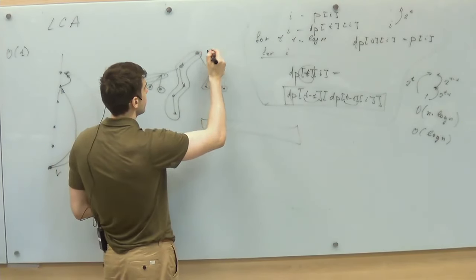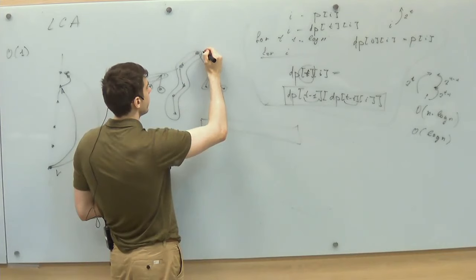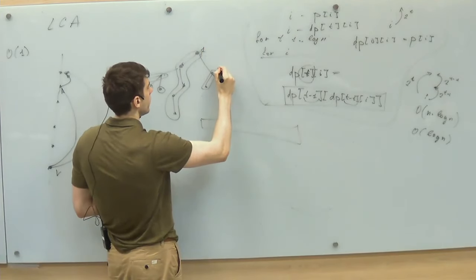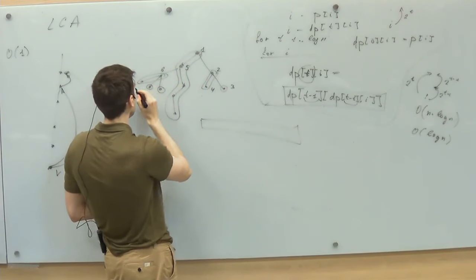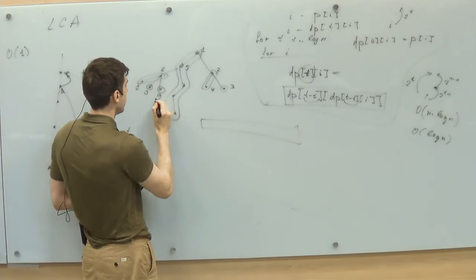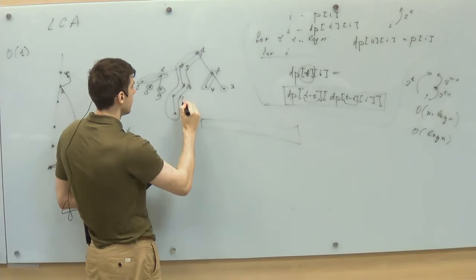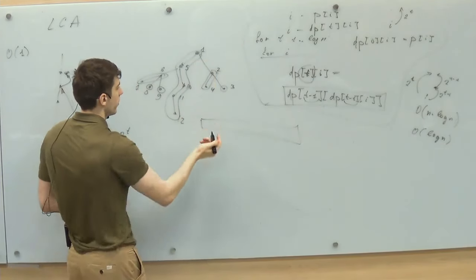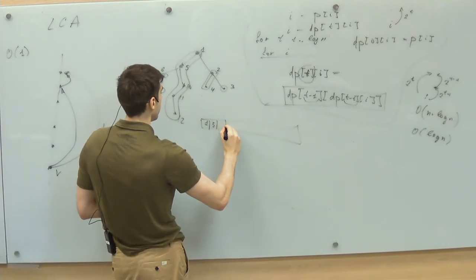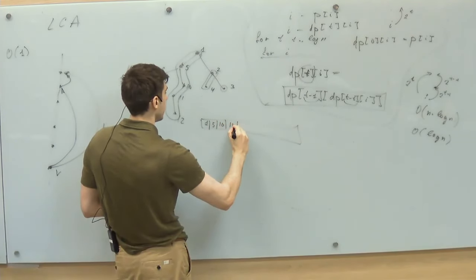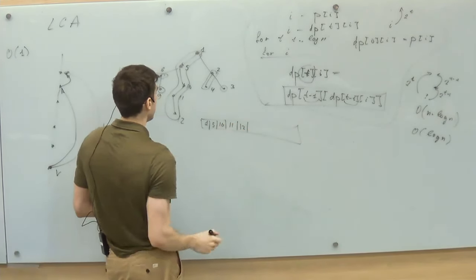So if we enumerate the vertices 1, 2, 3, 4, 6, 7, 8, 9, 10, 11, 12, here we'll have 1, 5, 10, 11, 12.